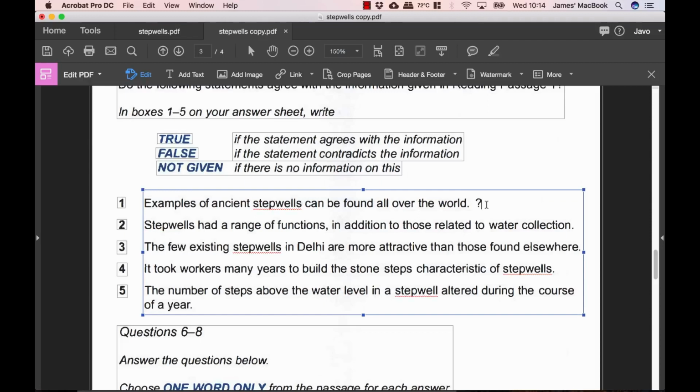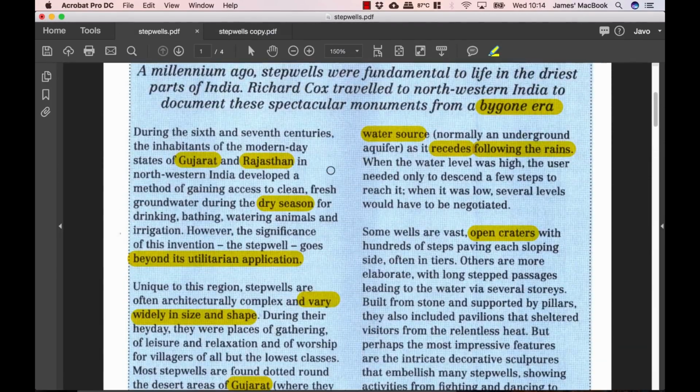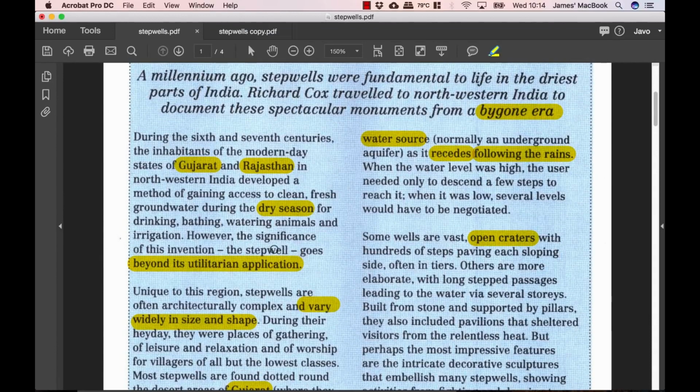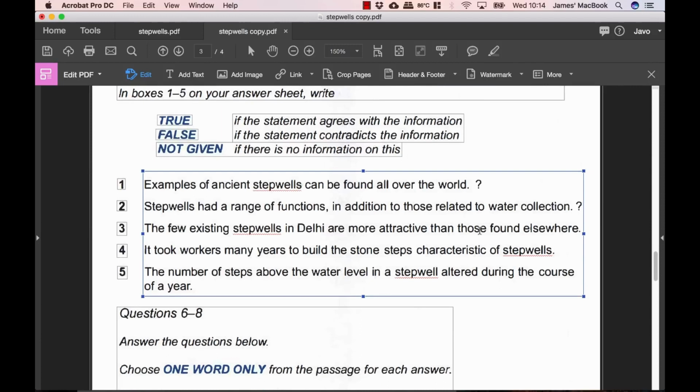Stepwells had a function related to water collection, a range of functions beyond the utilitarian, I think it was written here. Beyond, goes beyond, significance goes beyond. Could be. A few existing stepwells are more attractive than those found elsewhere.